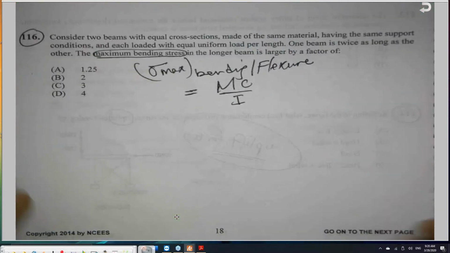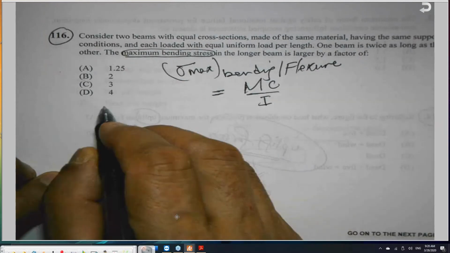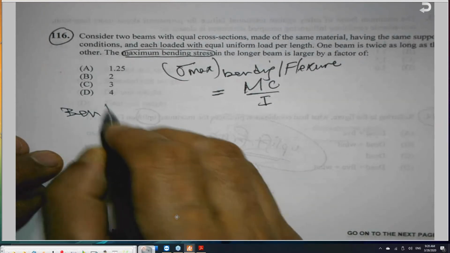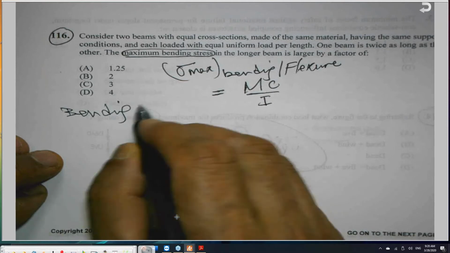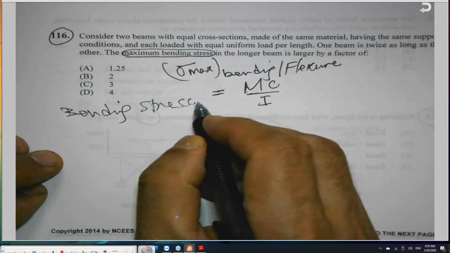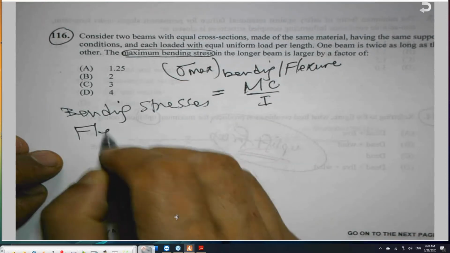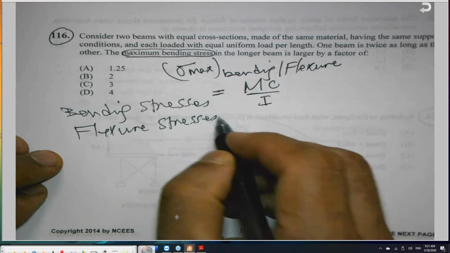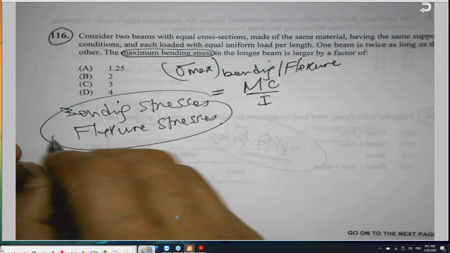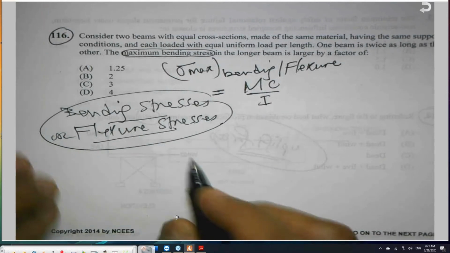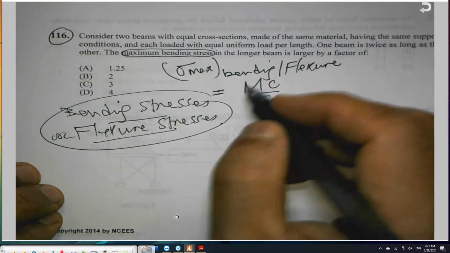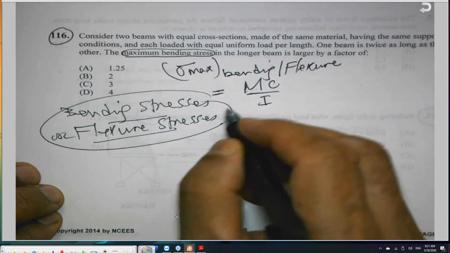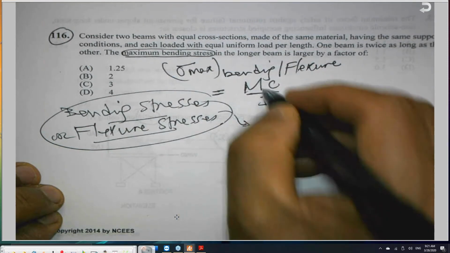Bending stresses, which is this one here, problem number 116, bending stresses or flexural stresses. As I told you, we call it also flexural stresses, so we need to be familiar with that. Also, this is related to the bending moment, because M is the bending moment.